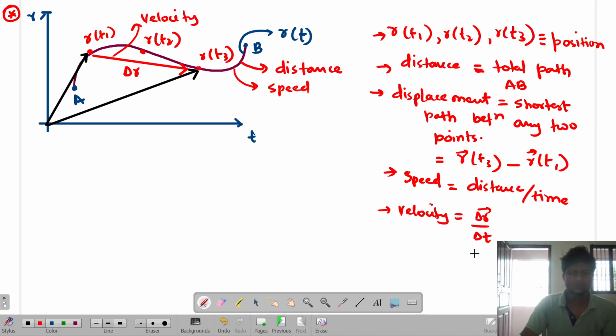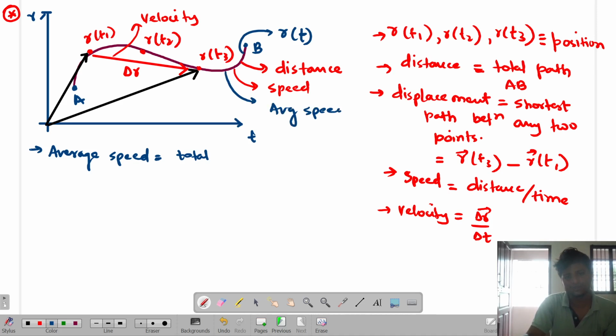Right or not? The second thing, average speed. Average speed means total path, once again A to B total path or any two points' path, by total time. So for this only, what will be defined? Average speed. For this only, what will be defined? Average velocity.